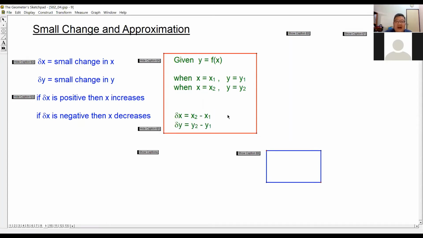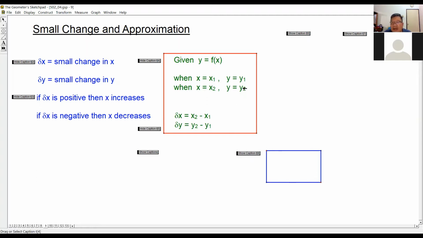Then, what is delta x? Delta x is the final value of x minus the initial value of x. That's the change in the value of x, and this change is called delta x.